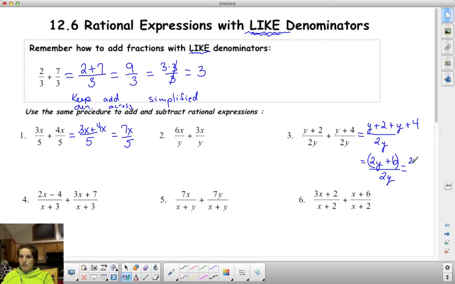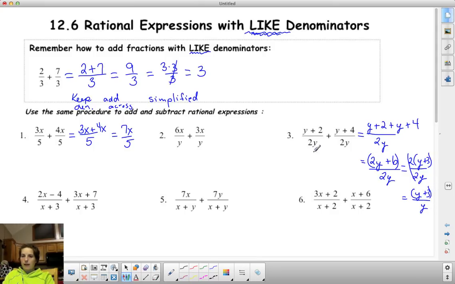So that's really 2 times y plus 3 over 2y. It's my simplify step. 2 over 2 becomes a 1, so that my answer is just y plus 3 over y.